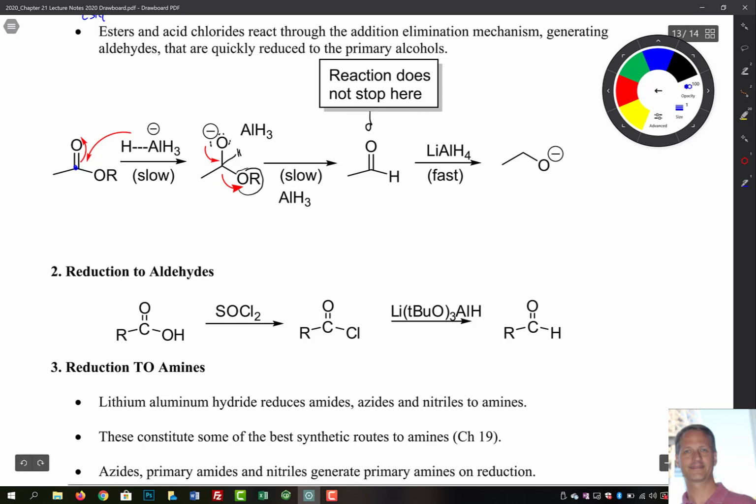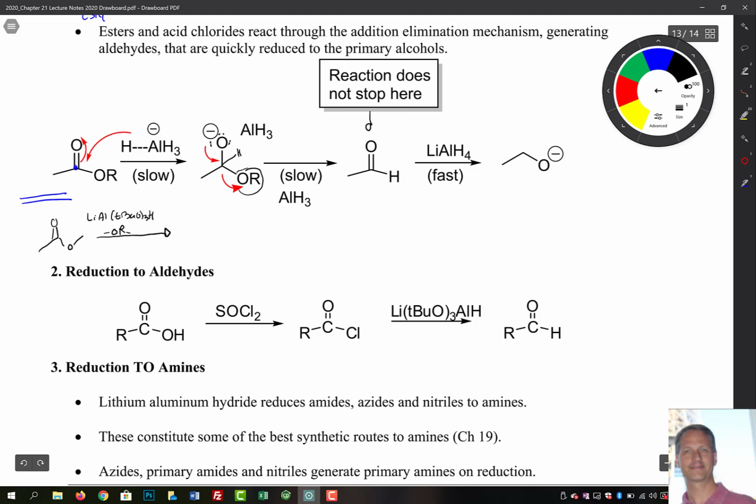Now, the other reagent that I want to show you here to remind you of is this. So here we can take our ester, something like that. We can add one of two reagents. LiAlTBuO3H. Remember that?